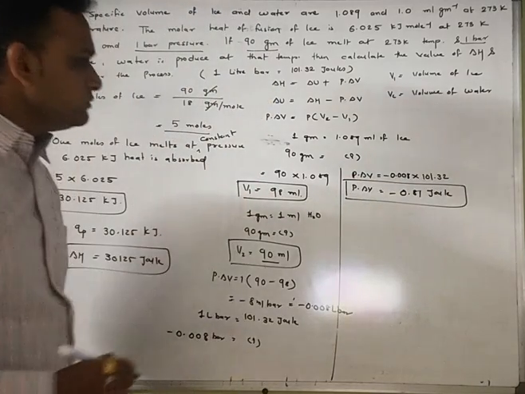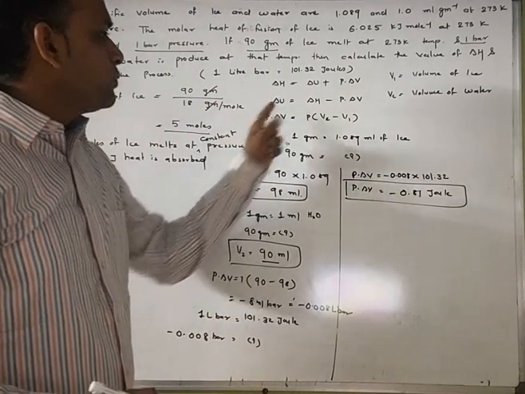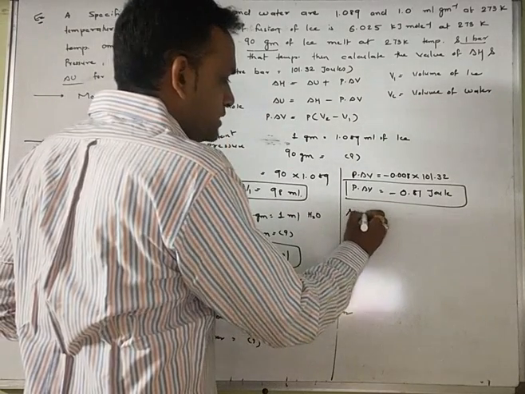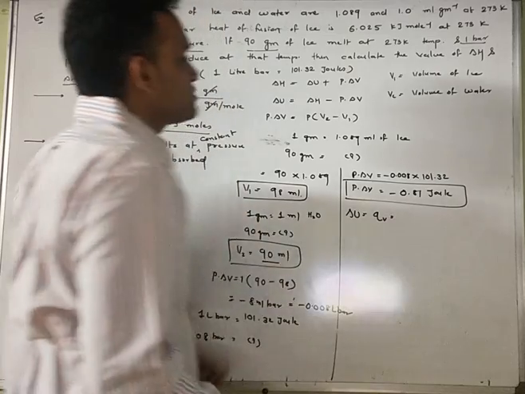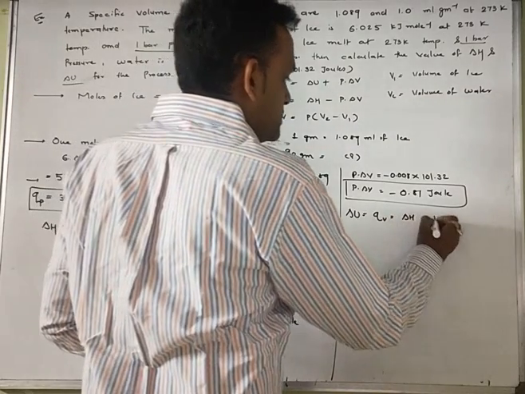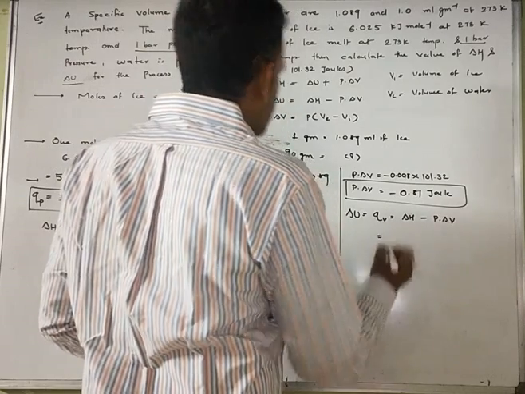Now you have to write down here, put the value, you can get the delta U. Now you all know that delta U, that is equal to QV, and that is equal to delta H minus P into delta V. What is delta H?